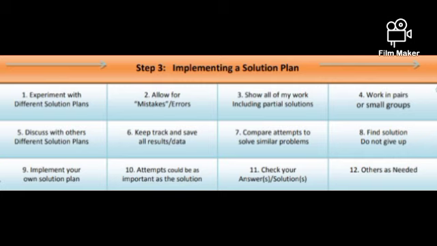Because as George Polya said, there is more than one solution to a problem, but finding the solution plan that is most efficient should be the object or the goal of the problem solver.